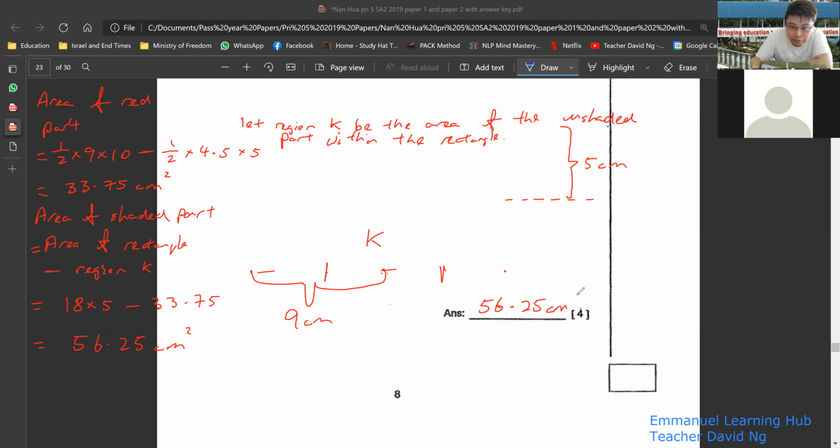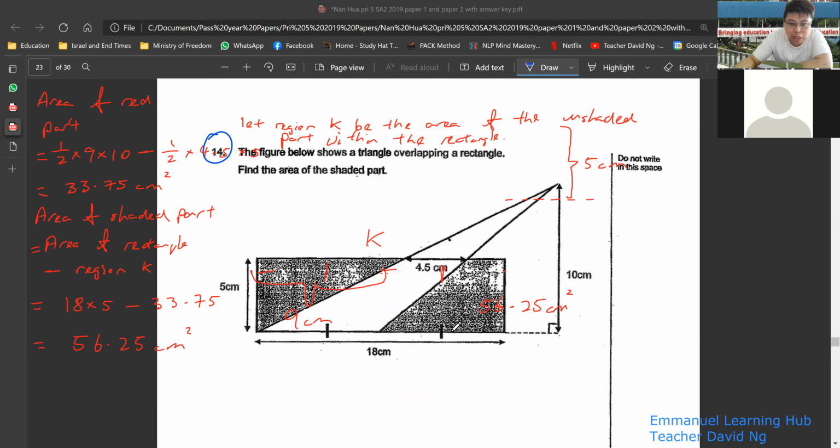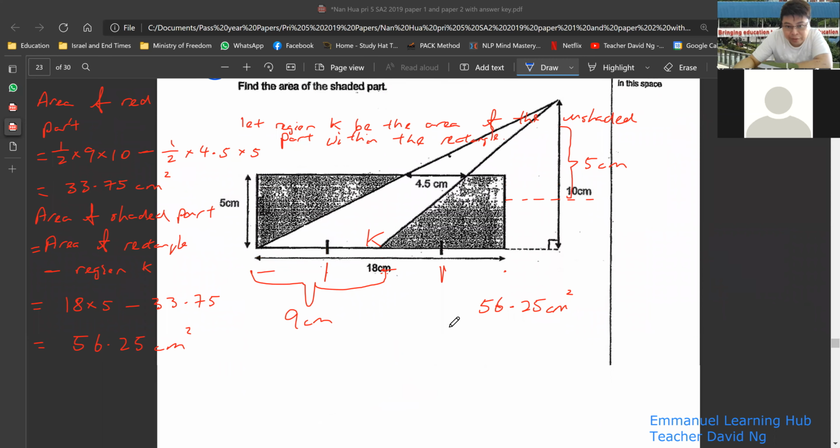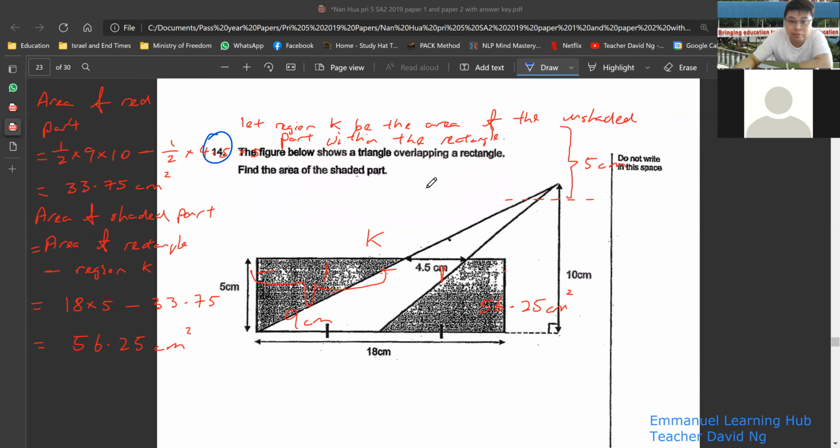Very important. No unit, no marks. Kind marker give you half a mark, I give 0 mark. Okay, area. Then you need to double check, is it cm square or meter square? So you look at the question, cm or cm square. These are very important things.